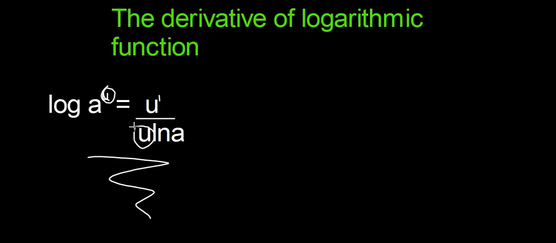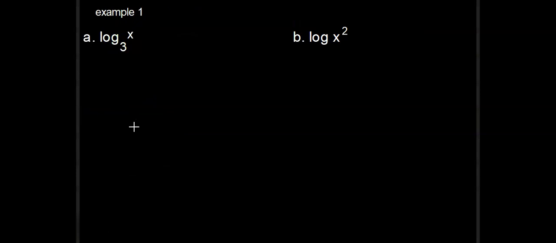It seems a little bit complicated when I'm trying to demonstrate what this formula is all about, but when we use this formula in some examples, you can understand it. So let's just do some examples and demonstrate what I'm saying. The first one says log base 3 of x.